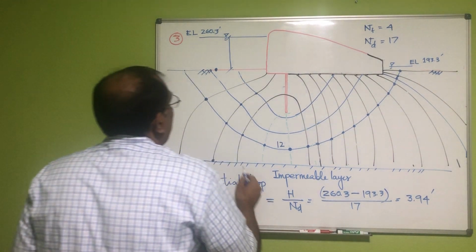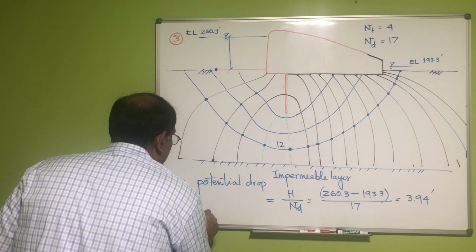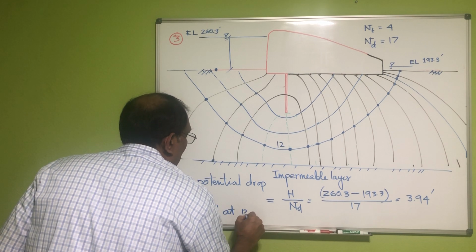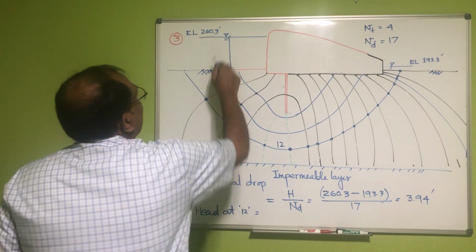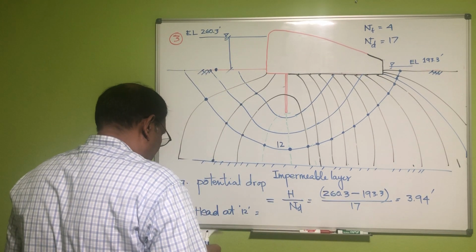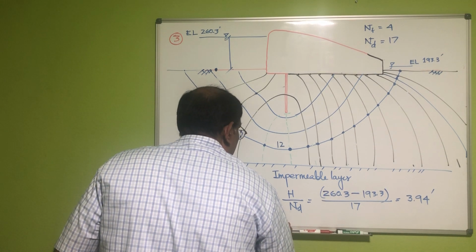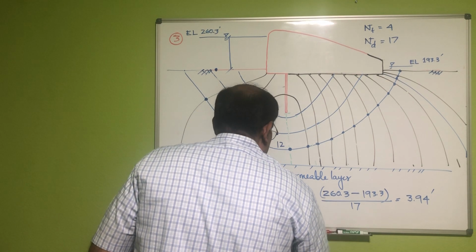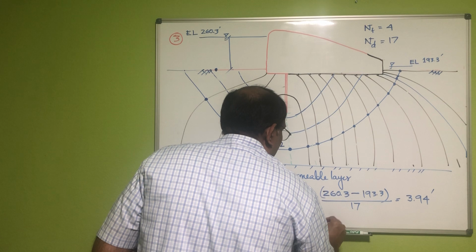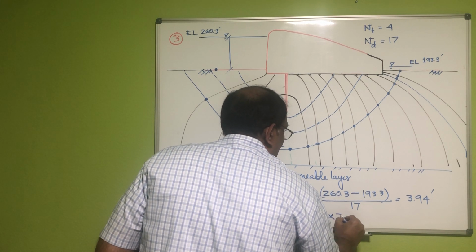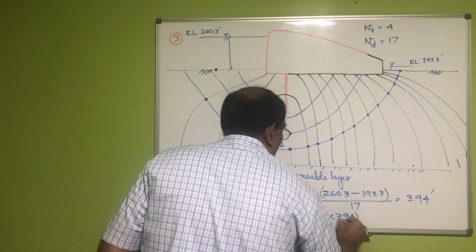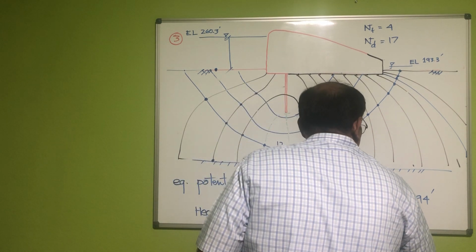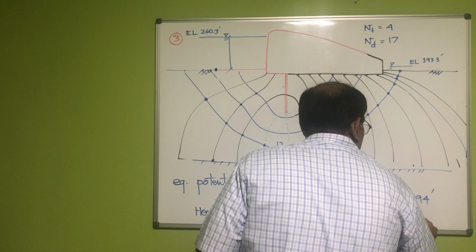So basically your head at point 12 would be this head, 260.3, minus 5 drops, each of them 3.94, which is basically 240.6 feet.